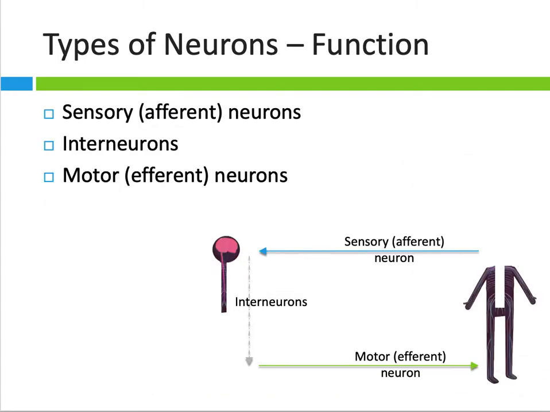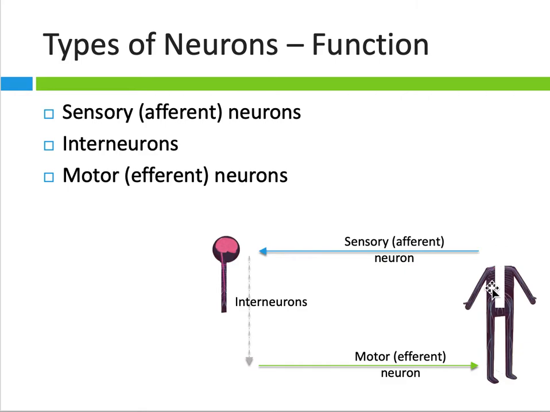There are three types of neurons that we'll talk about based on their function. Again, you can classify neurons based on their polarity, which is their structure, but we're going to just look at their classification based on function. So you have three types of neurons based on function: sensory or afferent neurons, interneurons, and motor or efferent neurons.